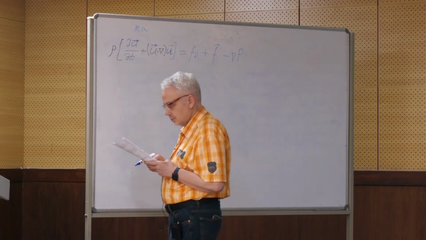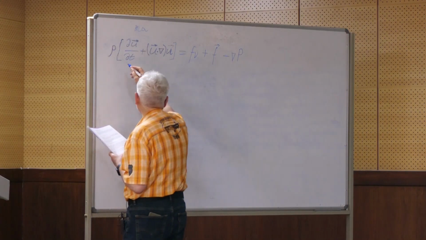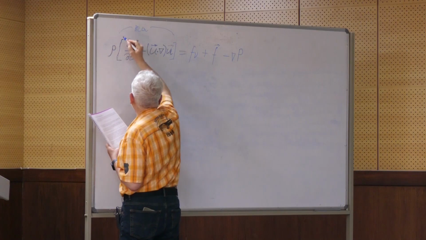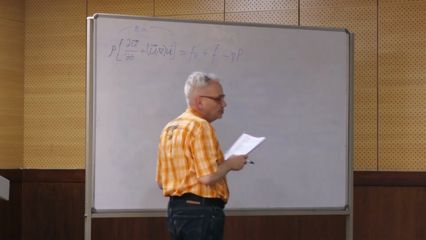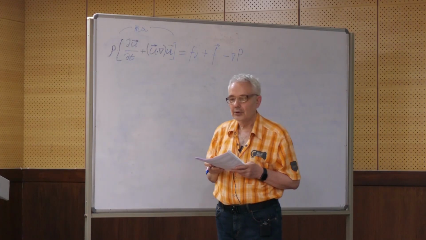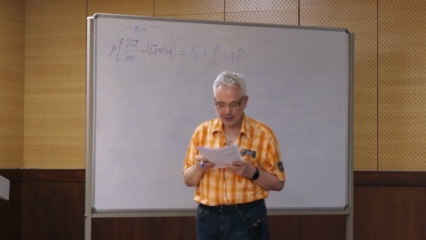So, as I already told you, this is a unique term in some part, which is related, if we make some analogy with Newton's law, to the product of mass and acceleration.